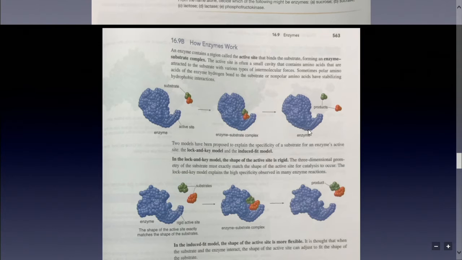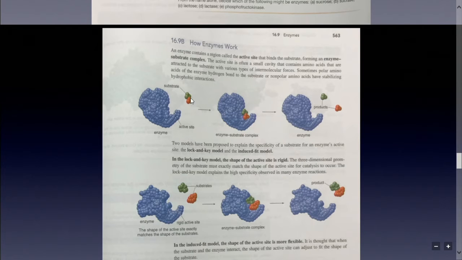And then the enzyme can do its job, whether that's breaking these bonds and then releasing the products, or there's variation to it where sometimes it literally just gives the enzyme a different shape and then will allow the enzyme to do something then. Or it'll allow the opposite to occur.